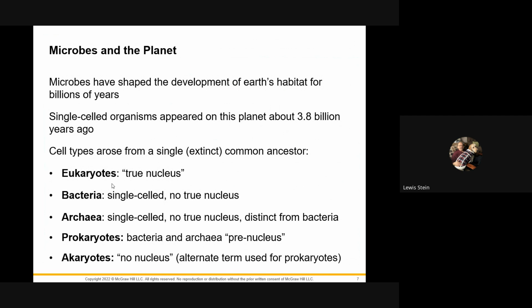We'll get to why we think they formed, by something called endosymbiotic theory, which is an important part of this class as well. So bacteria do not have membrane-bound organelles. Their organelles are within their cytoplasm, but they do not have a membrane.